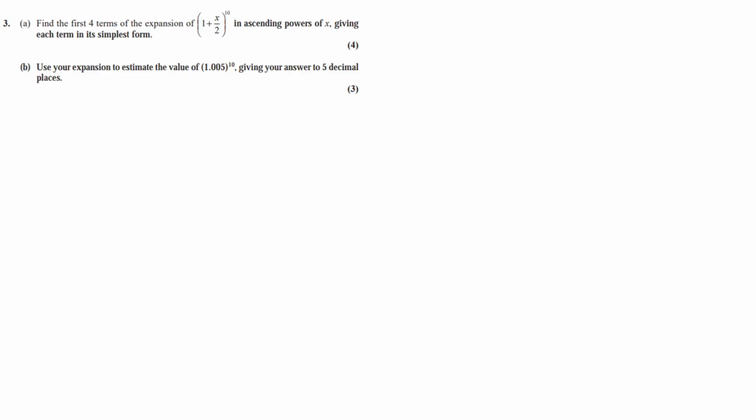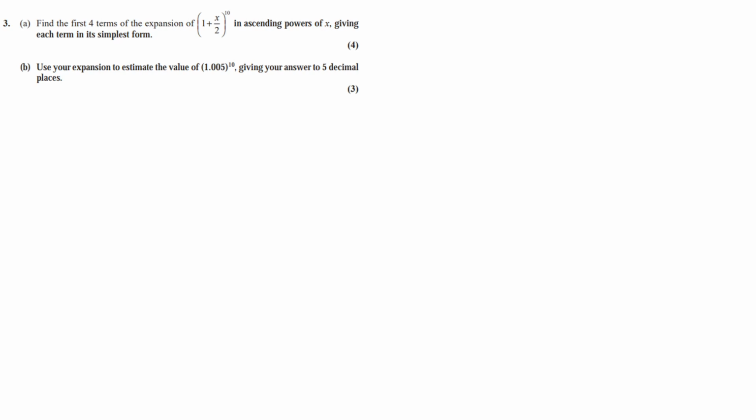Now, let's look at the last example of the day. For this example, we're told to find the first 4 terms of the expansion 1 plus x over 2 to the 10 in ascending powers of x, giving each term in its simplest form.